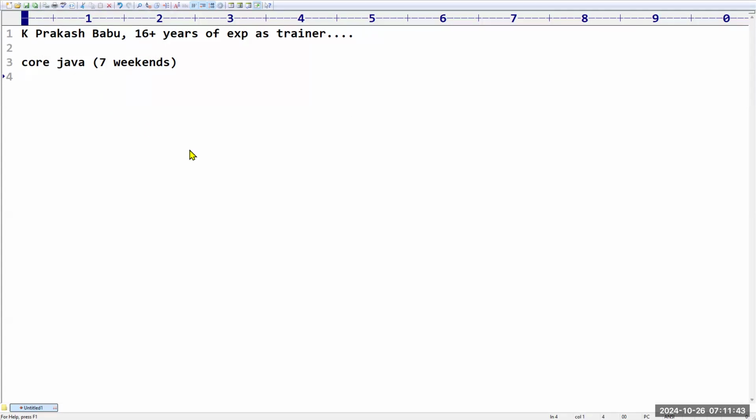Next, the duration of this course, as I said, is 7 weekends, and the timings of the session: we will start at 7 a.m. and go until 10 or 10:30 a.m. at maximum. So almost 3 or 3.5 hours a session will be there. Meanwhile, we are going to give some breaks also. 7 weekends means only Saturday and Sunday.